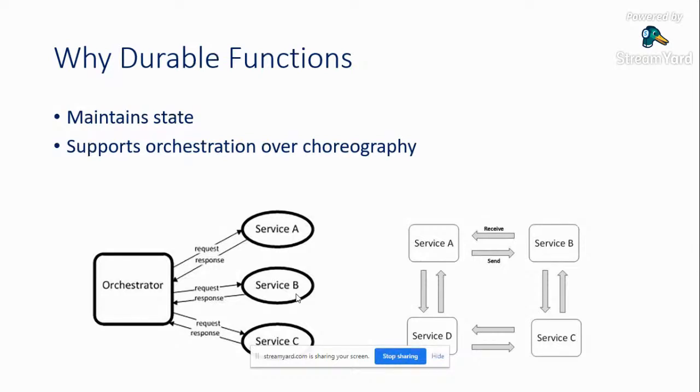Once the service A function is done, it gives the result back to the orchestrator function. So this function will maintain the state of service A. Next, as soon as the orchestrator gets the result, it saves it in the history table in your storage account, and then this orchestrator function will send the request to service B. So this will be in a pattern.